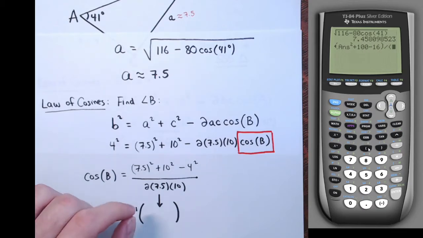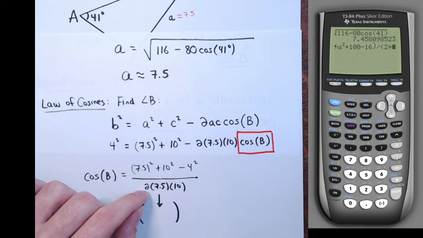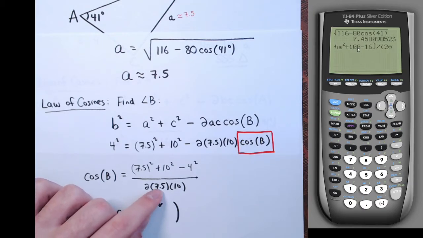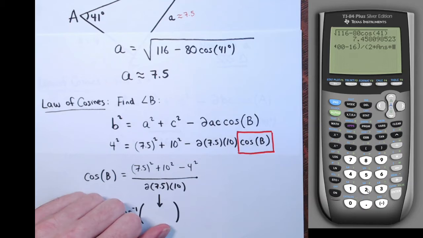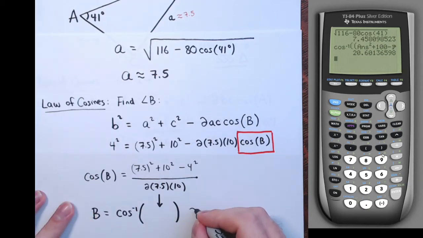So parenthesis 2 times 7.5, but again, I don't want to use 7.5. I want to be more accurate, so I'm going to use this value here. So again, previous answer times 10. And then close the parentheses, close them again, that'll close them all. And here we go, approximately 20.6 degrees for angle B.